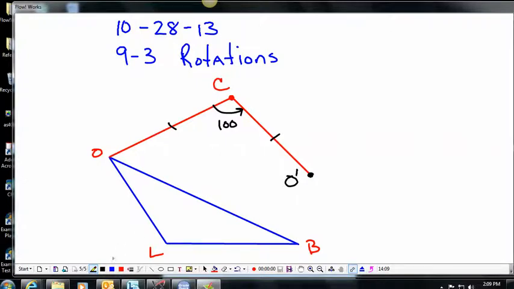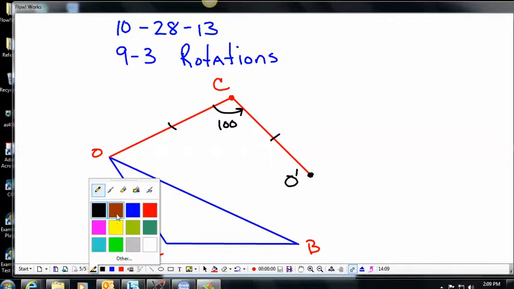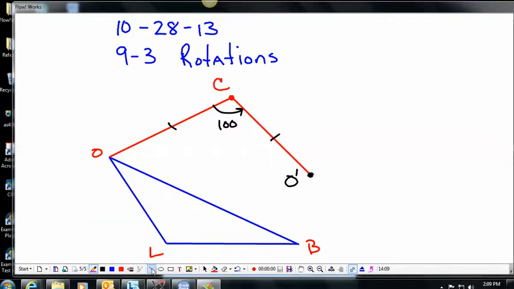Now, if you do the same thing for the other points, if you draw a line from L to C, now I need a segment that's going to go from C to L prime, right? It's got to be the same distance, so tell me when it's about the same distance.